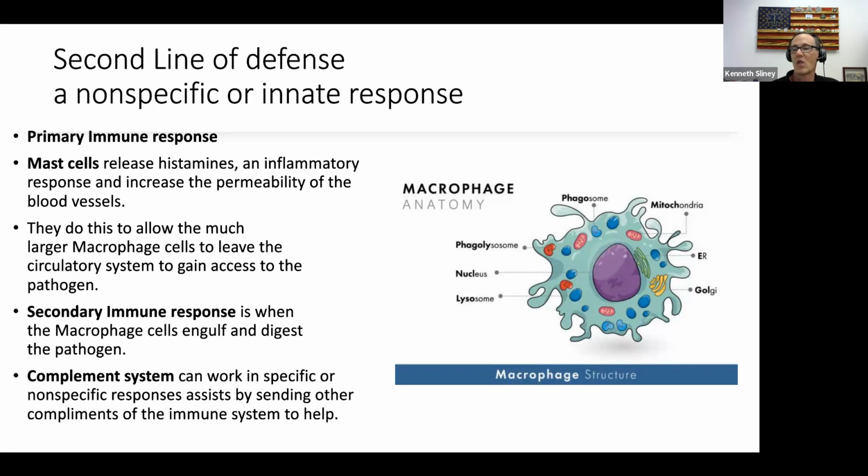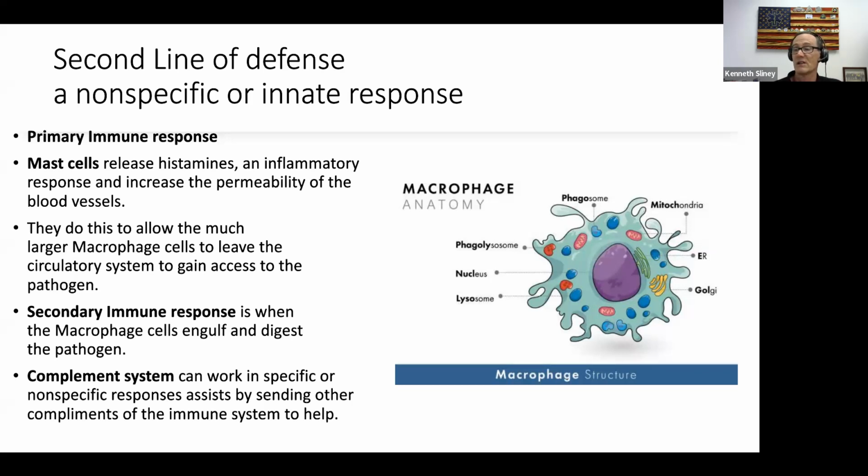Once they do this, there's another type of cell that follows, the macrophage cell. The mast cells basically cause the swelling and vasodilation so that these macrophages can get through the circulatory system and gain access to the pathogen.